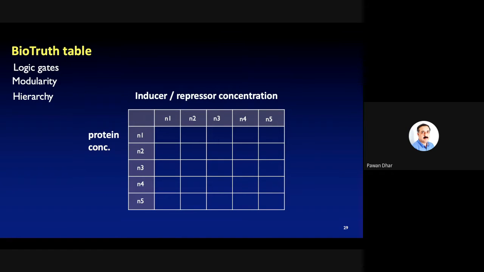So the biotruth table concept was proposed in June 2004 in this meeting. And then there were a couple of PhD students at MIT who were given these topics, and they could barely finish creating a digital switch out of an analog system. And this did not go well, because they thought that if in E. coli you create 4,000 truth tables, in yeast you create 6,000 truth tables, right?